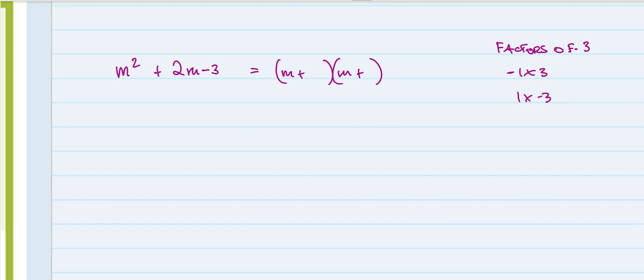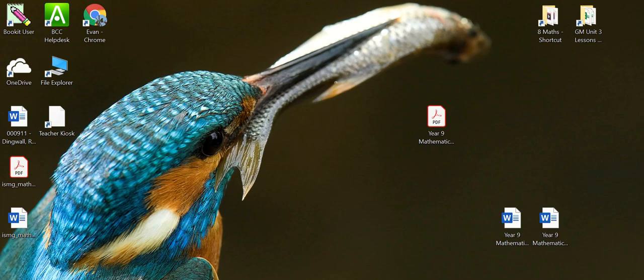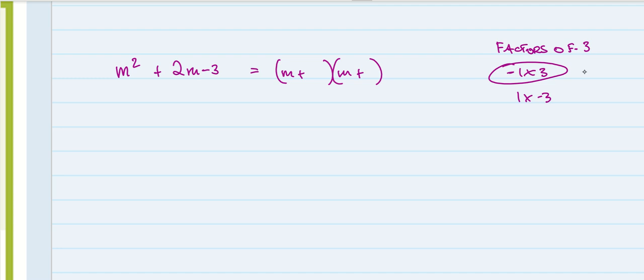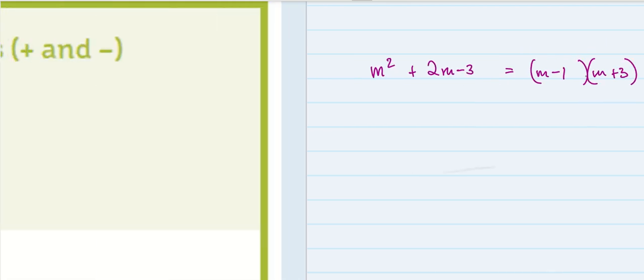Well, they both multiply to give negative 3, but we need them to add to give positive 2. If I add those two together, I'll get a positive 2; if I add those two together, I get a negative 2. So it's got to be this one here. I just take that negative 1, turn it into a minus 1, and the other one will be a positive 3.